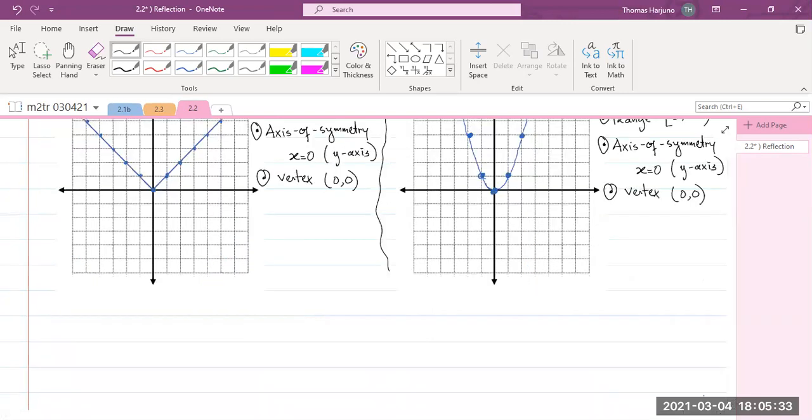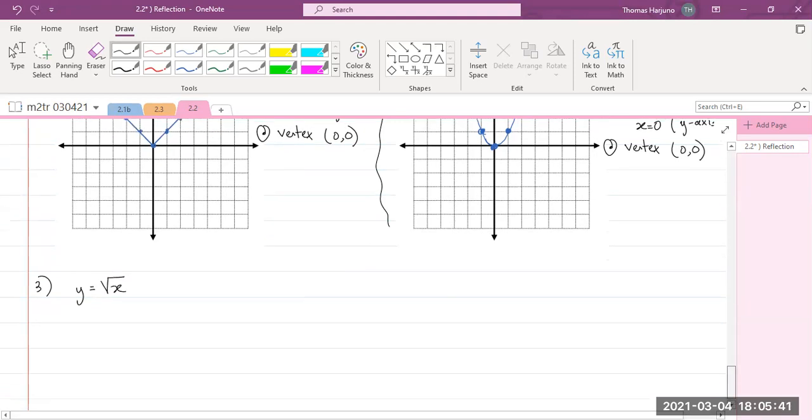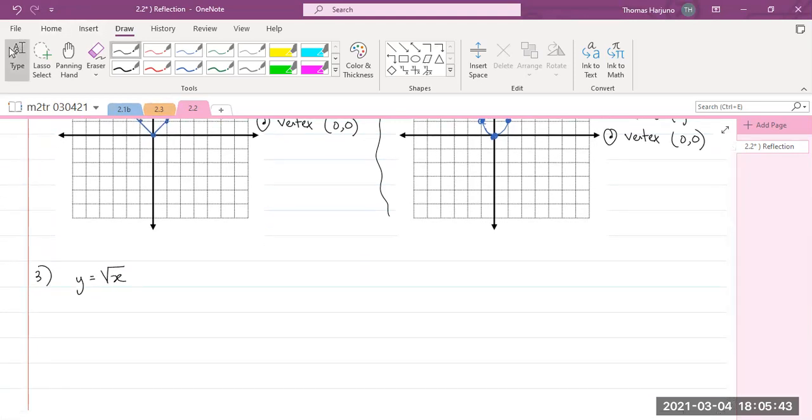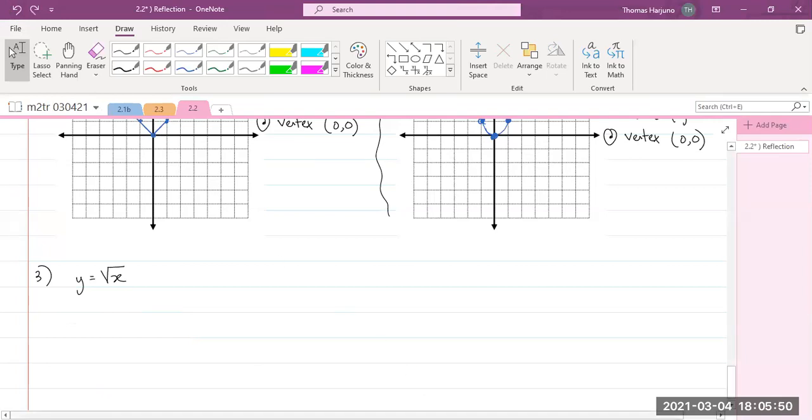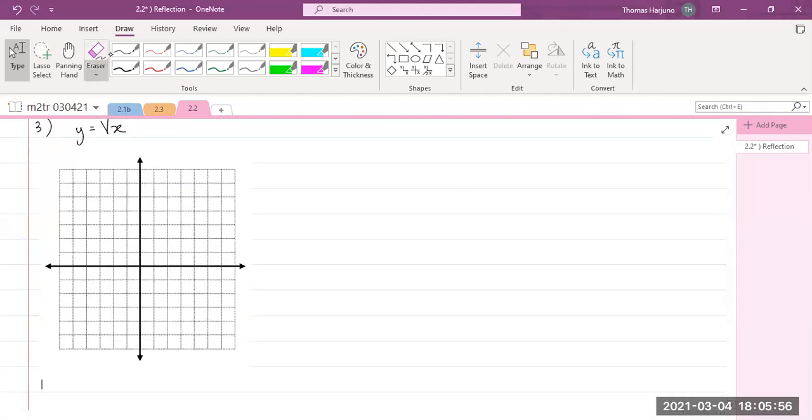Next one, square root of x. y equals square root of x. The graph looks like basically the inverted x squared.